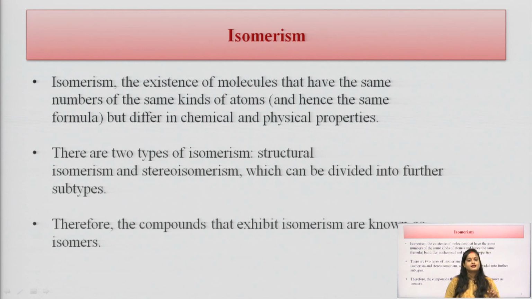Optical isomerism is related to the optical activity of the compound, and geometrical isomerism is related to the restriction of the double bond in the organic compound. Optical isomerism is further divided into R form, S form, EZ form, and geometrical isomerism is divided into cis-trans form.